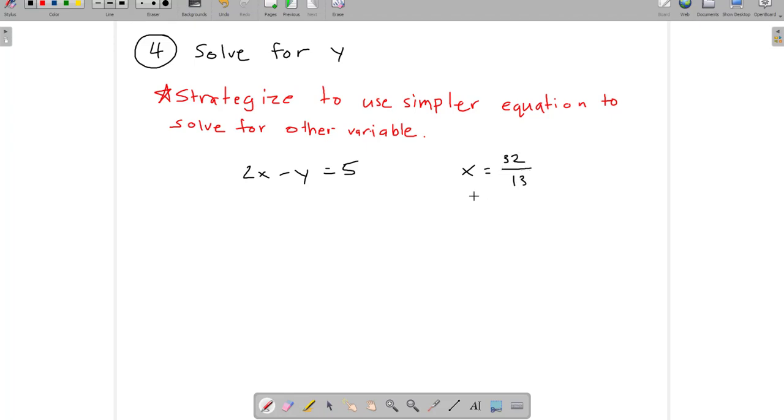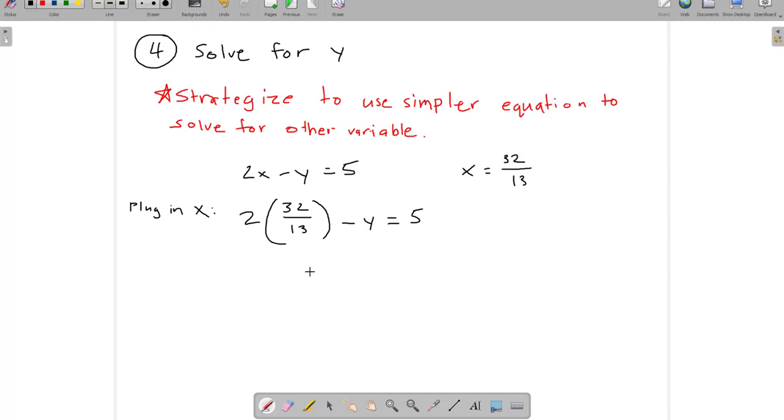Alright, so we're going to want to plug this in for x, and then you'll see that we only have y left in this equation. So then we can solve for y. Alright, so plug in x. So 2 times 32 over 13 minus y equals 5.